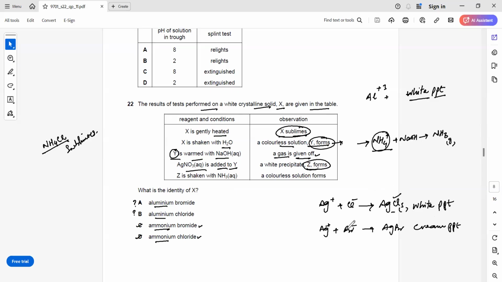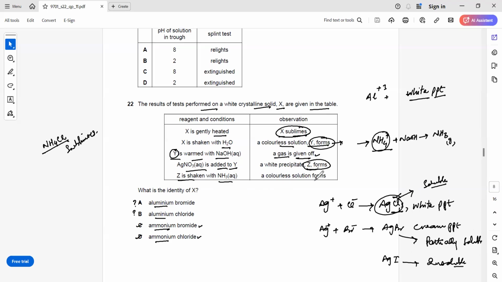So chloride is indicated, and when we dissolve it with ammonia, this is soluble in excess ammonia. And remember, bromides are partially soluble. And if there is silver iodide, which gives a yellow precipitate, that is insoluble in excess of ammonia, right?